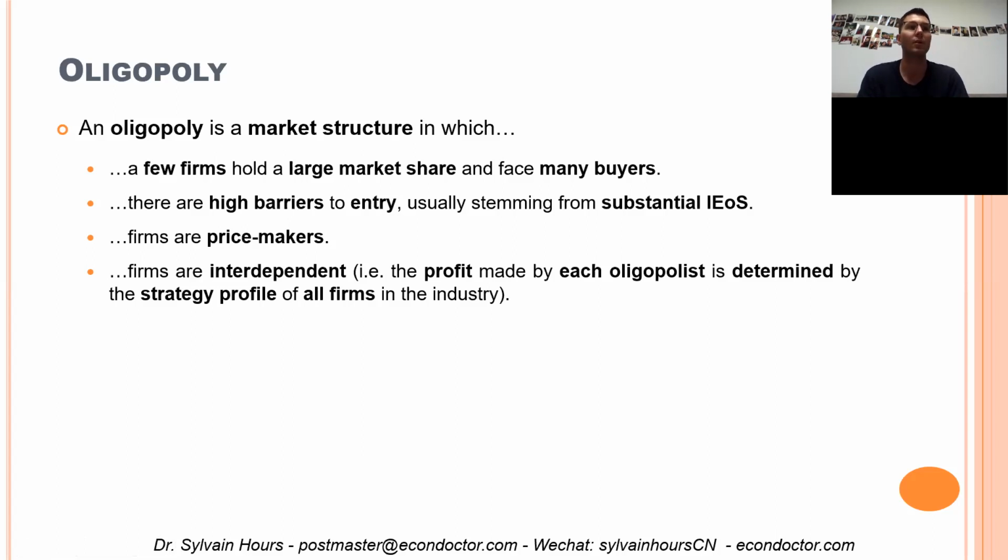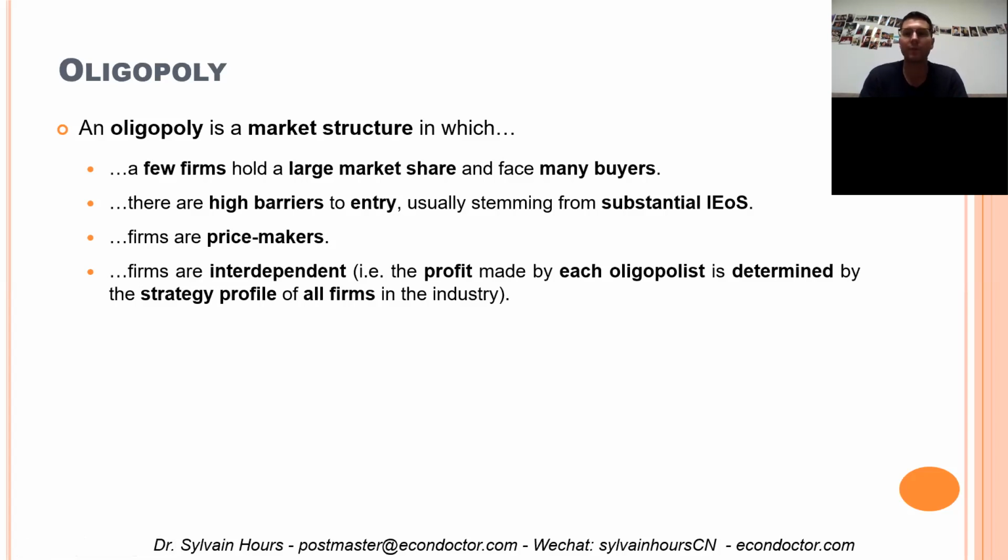It could be a quantity that they choose, a price that they charge, or a location that they choose. There are different ways firms can compete, such as the amount of advertising that they do.